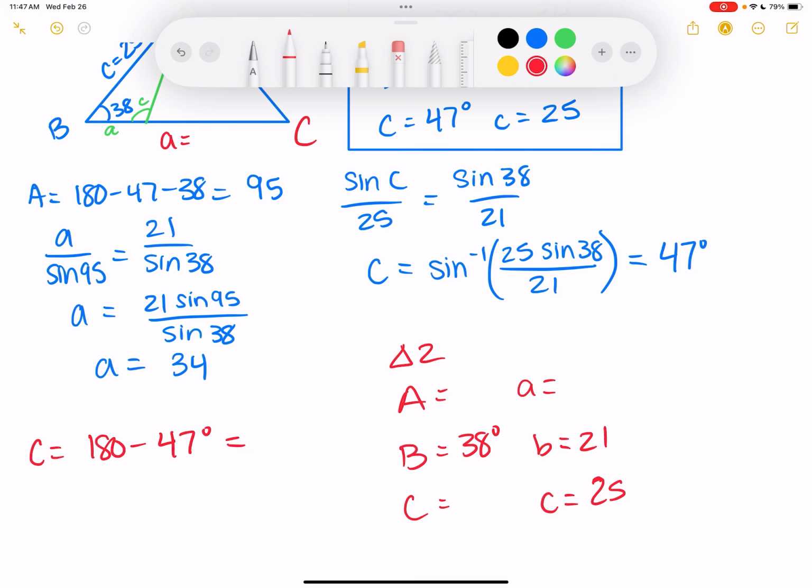And so what does that give us? All right, so now I can find A by doing 180 minus these two angles here.